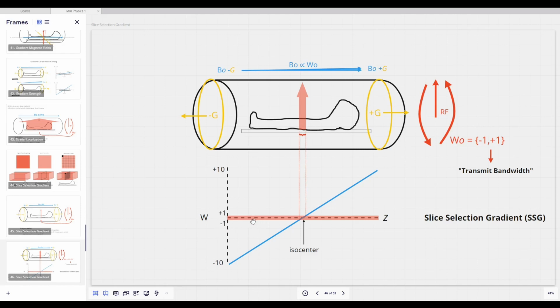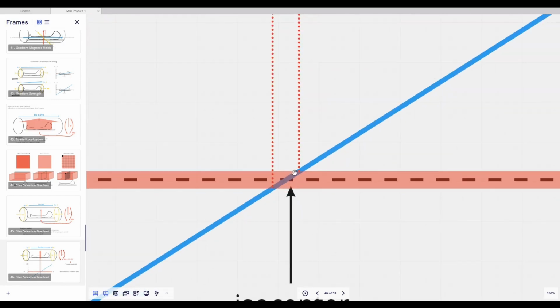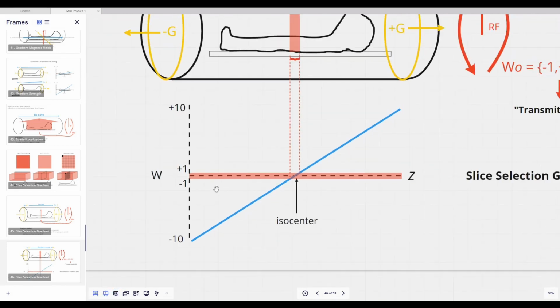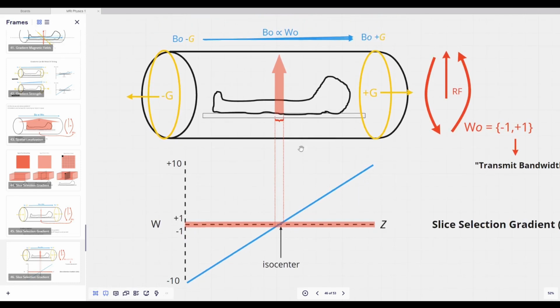So if we look at what we're catching, which is this red bar here, it's this. Okay, these are going to be the spins that are spinning with a frequency of -1 to +1. These spins over here are higher, these spins are lower. So where does that match up on the patient?